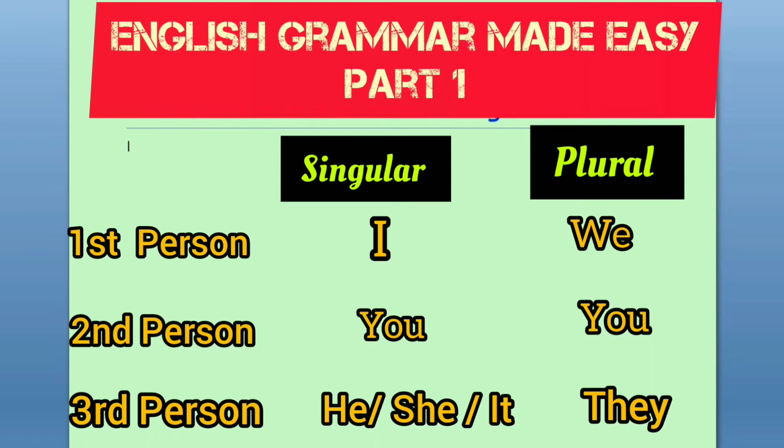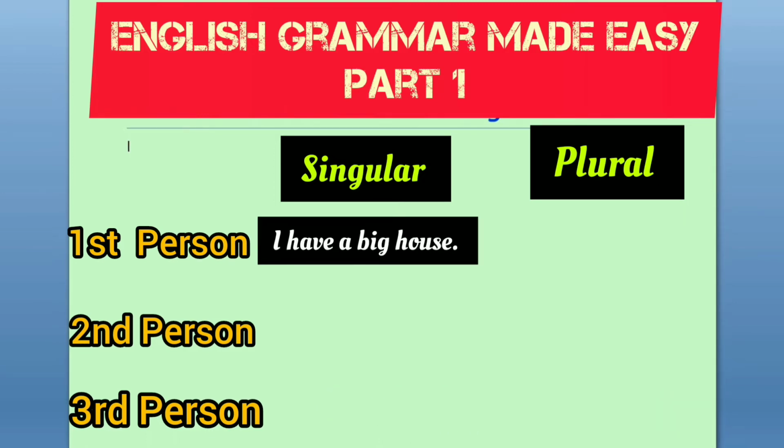Now let me tell you where we can use have and where we can use has. We use have primarily for first person singular number as well as plural number. As you see the first example, I have a big house. I is first person singular number, I'm using have. And when I'm using the plural form also I can use have: we have a big house.